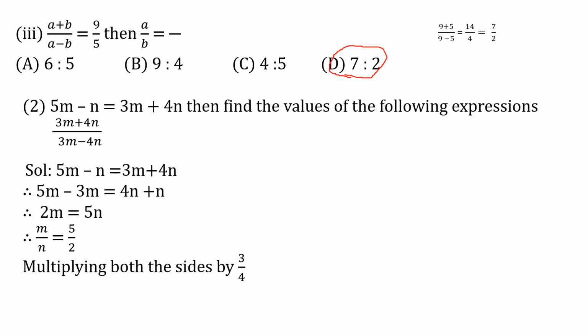So you'll write, multiplying both sides by 3 by 4, therefore m upon n into 3 upon 4 equal to 5 upon 2 into 3 upon 4. So you'll solve this. It will become 3m upon 4n equal to 15 upon 8.